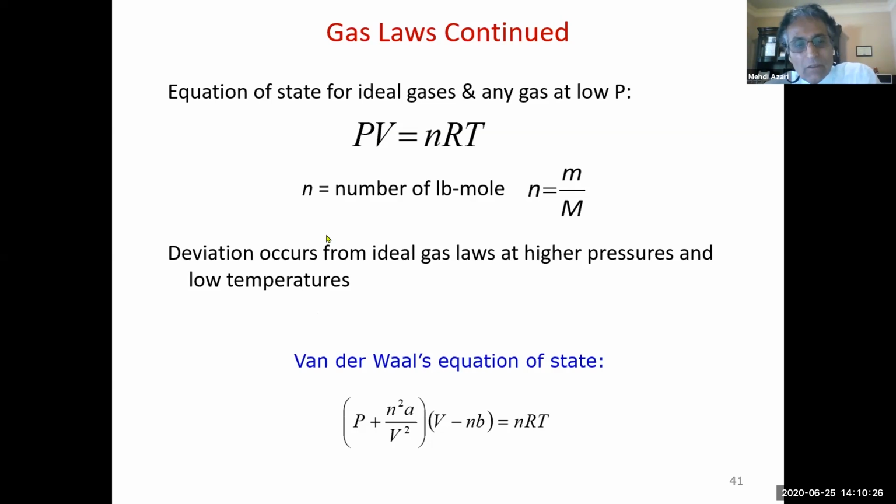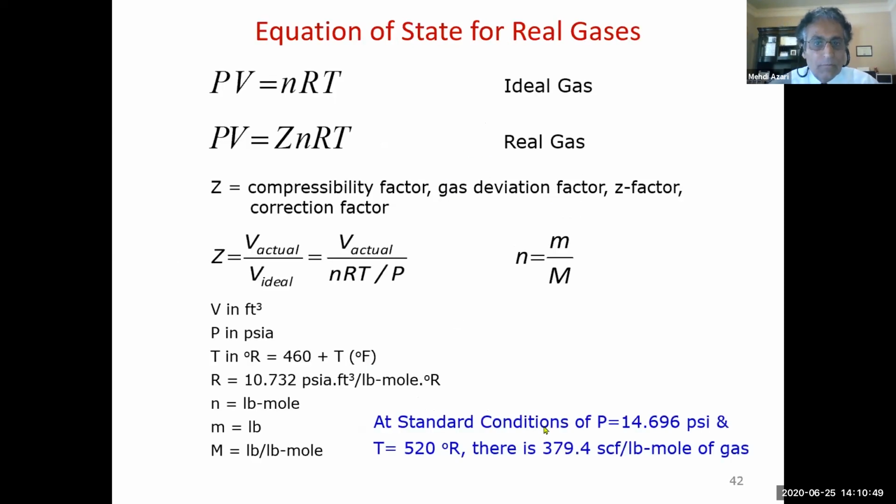So now this is called the ideal gas equation, and then there's the non-ideal gas equation. One of those equations is called the van der Waals equation of state. So if somebody wants to solve for equation of state, it is this equation, with pressure, volume, number of pound moles, some constant, or universal gas constant, and T, temperature. All right.